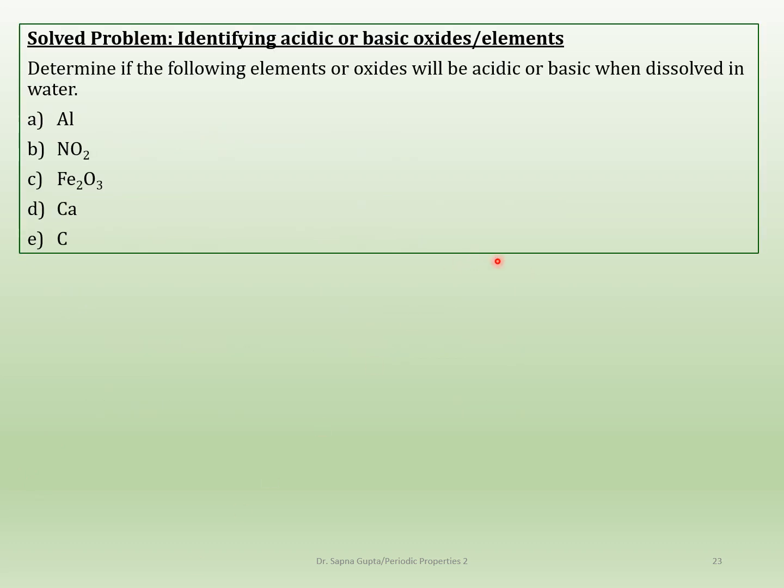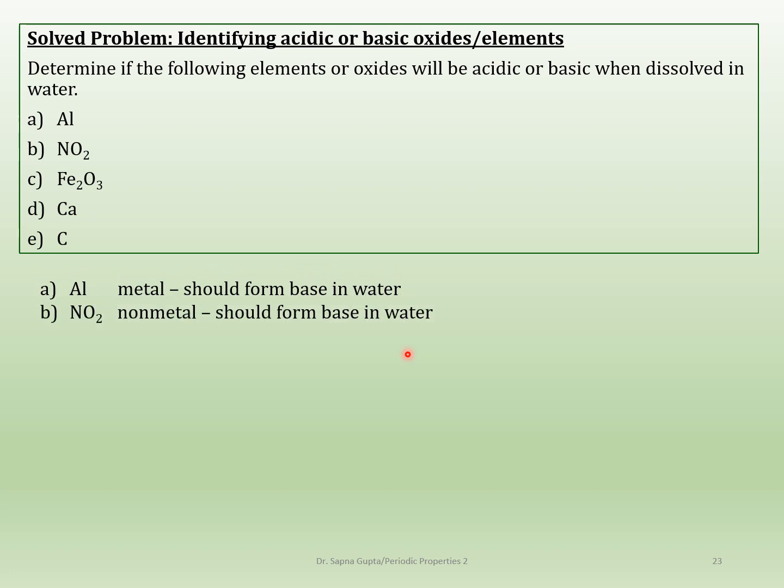So here are some questions on acidic and basic, and all you need to do is look at all of these and see which one is a metal and a non-metal. So aluminum is a metal, this is non-metal, this is metal, this is metal, this is non-metal. And that's all you're doing to figure out if something gives you an acidic oxide or a basic oxide. So aluminum should give you a base in water, nitrogen dioxide should give you an acid.